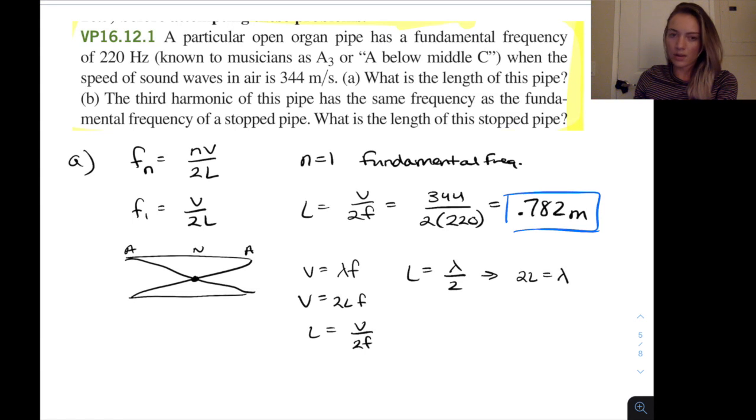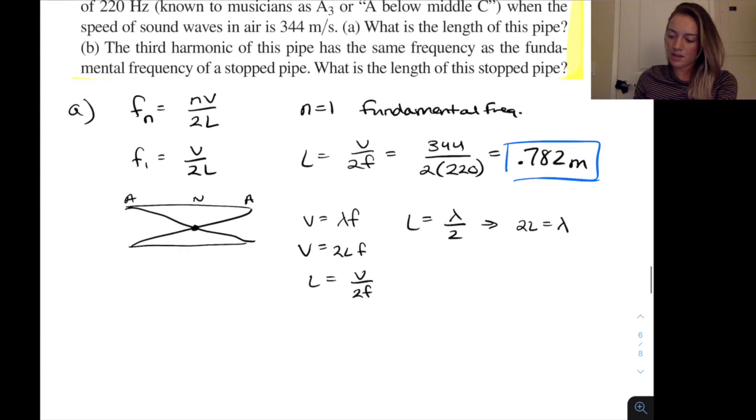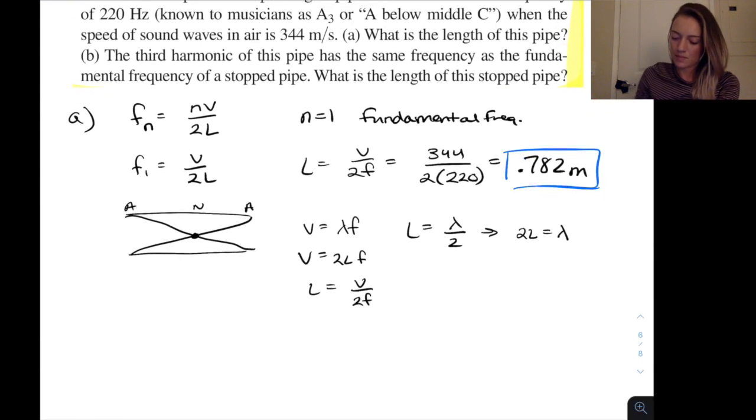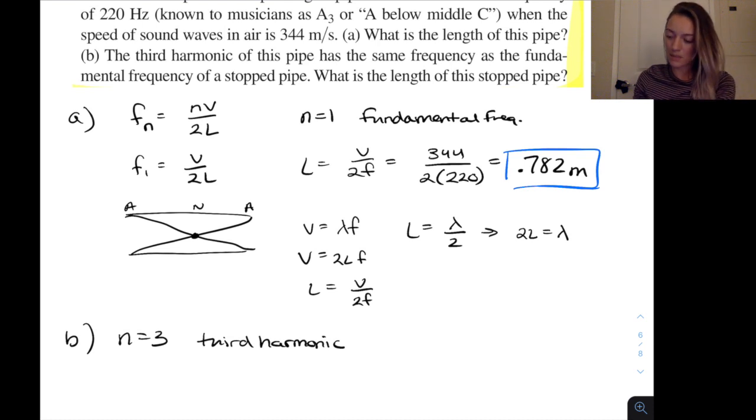All right, then for part B, the third harmonic, so that means n is equal to 3 is the third harmonic. This pipe has the same frequency as the fundamental frequency of a stopped pipe. What is the length of the stopped pipe?